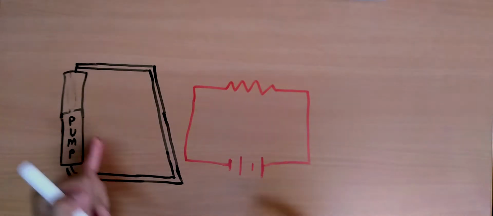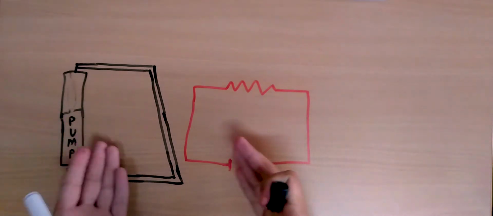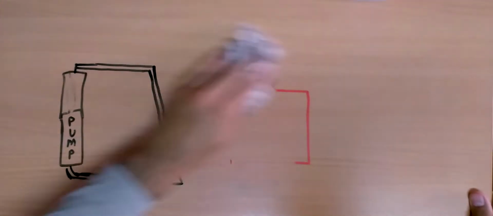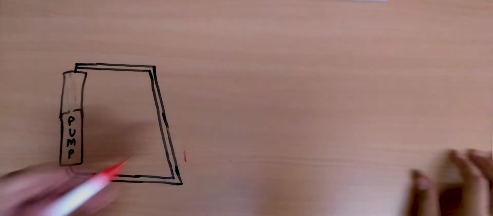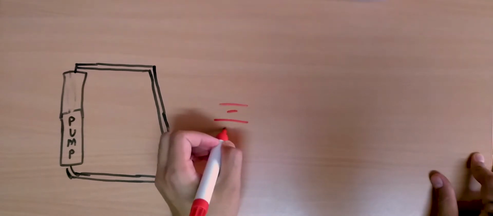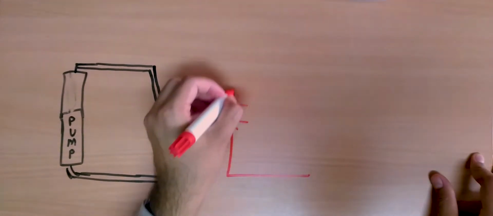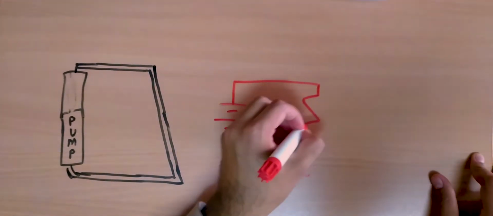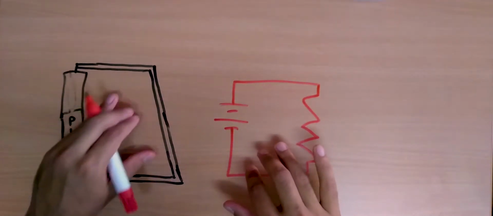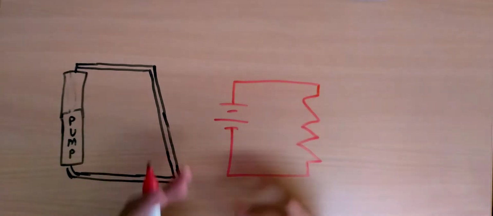Yeah, so we have two loops here, and let me just draw it in this way. It will make more sense this way. Yeah, so I have the pipe and the circuit here, and let us just compare both of them.